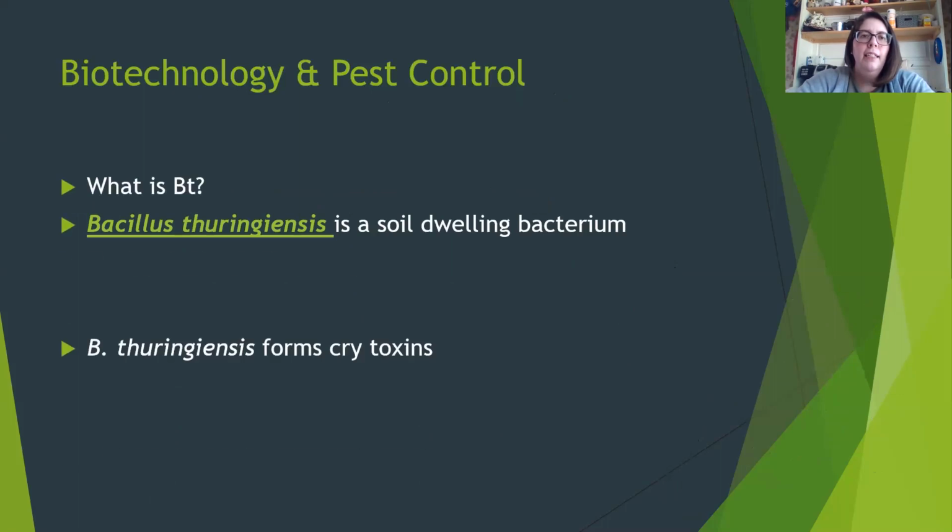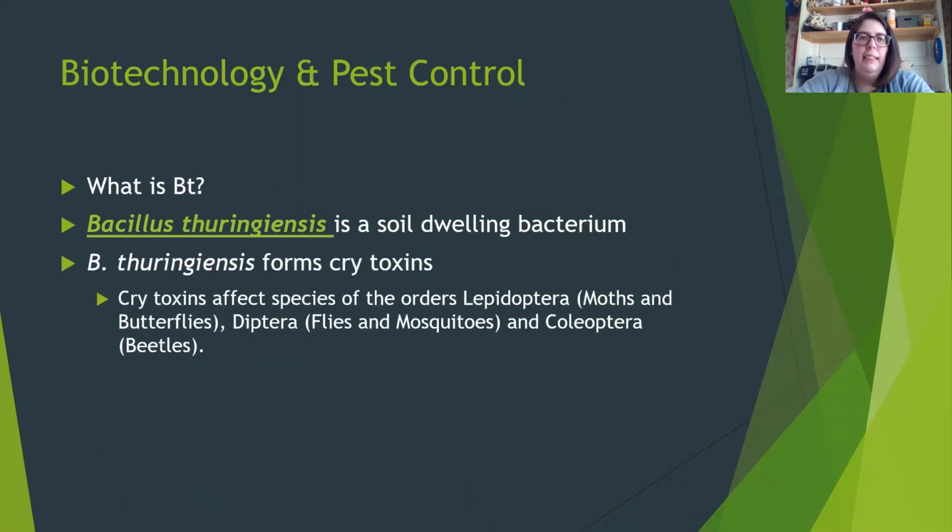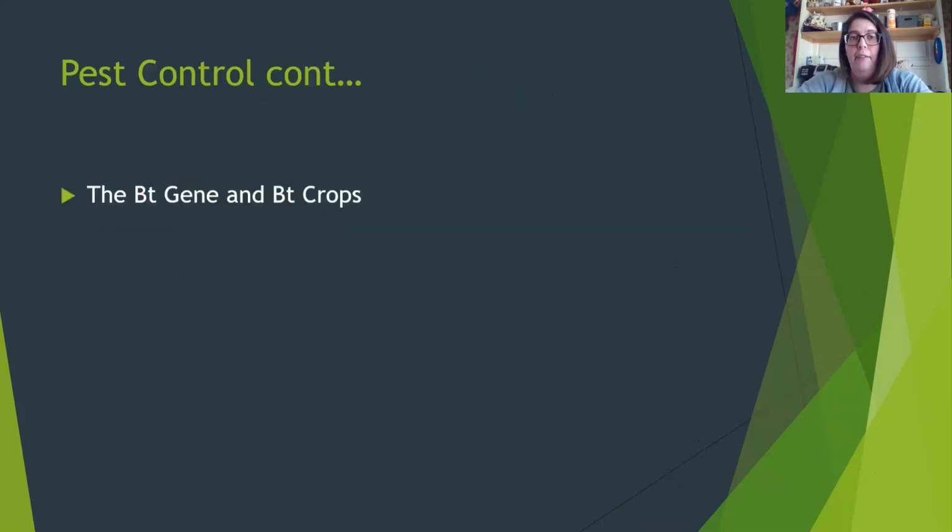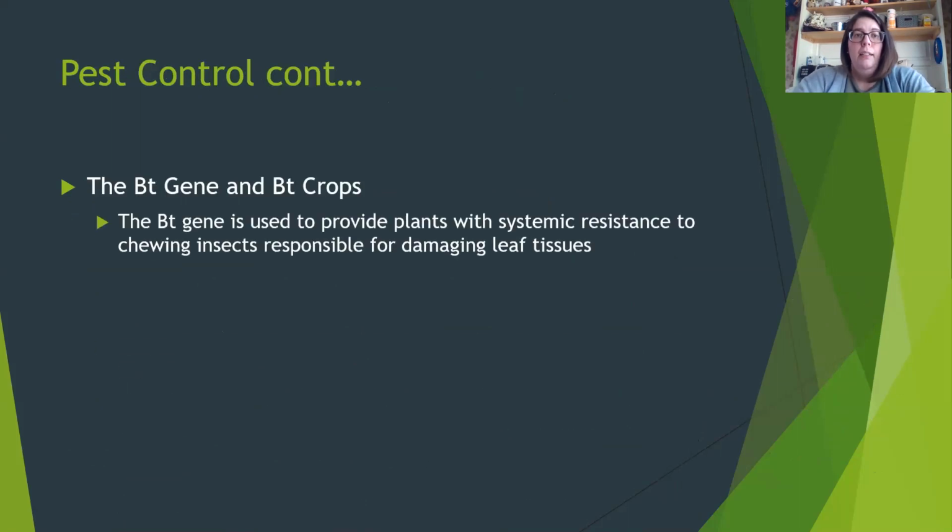Okay, biotechnology and pest control. What is BT? Bacillus thuringiensis is a soil-dwelling bacterium. If you do not know what BT is by now, we have bigger problems. The BT gene is used to provide plants with systemic resistance to chewing insects. Remember, they eat the plant that has the BT gene.